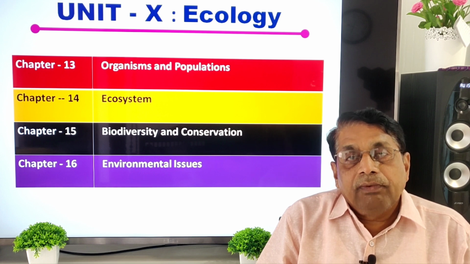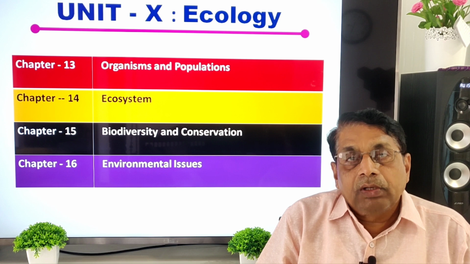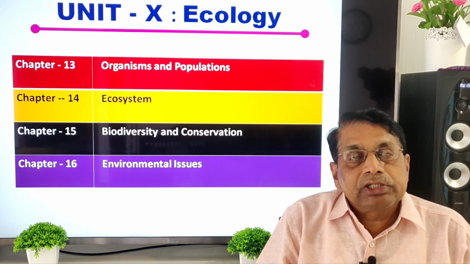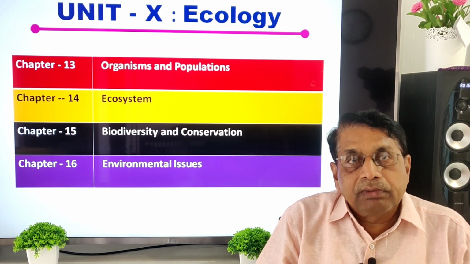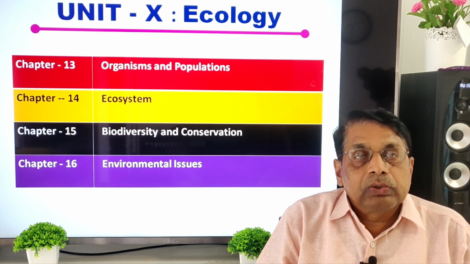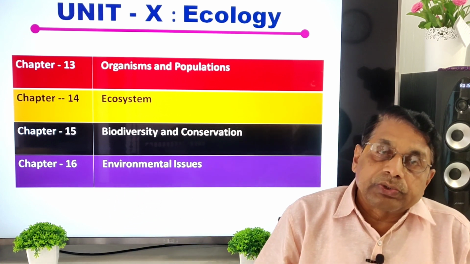So everywhere there are environmental issues. What are these issues? What type of measures are taken at the national level, international level? For example, there is CBD, Convention on Biological Diversity. So such things will be studied in environmental issues.